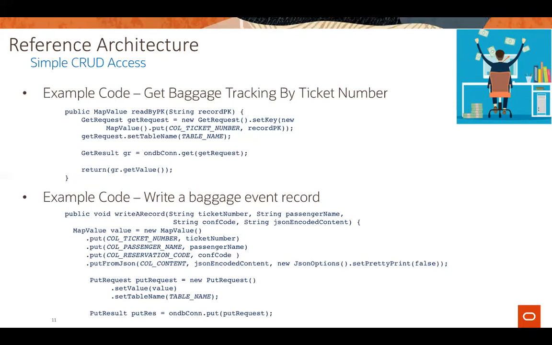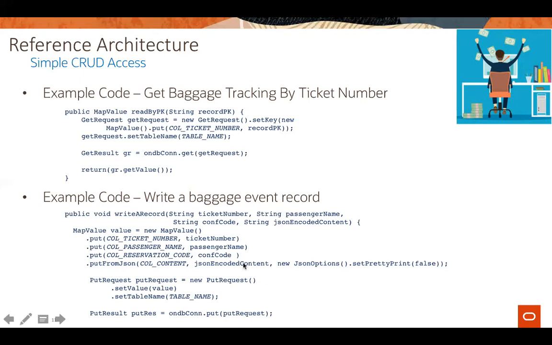And you can see it's whatever, 4 lines of code. We just create what's called a GET request. We set the key to the ticket number. We set the table name to the table that we have our data in. For our case, it's called baggage demo data. We use our connection to the NoSQL Cloud Service, and we make a GET call, and we're done. We return the results of that GET call, and that's it.